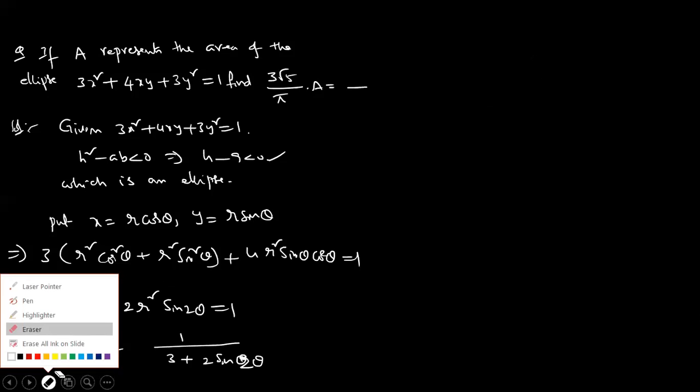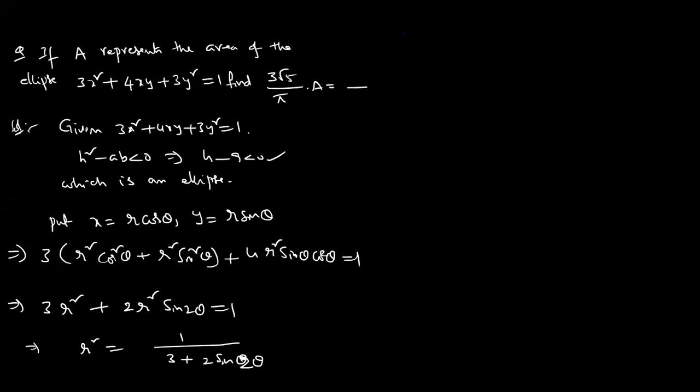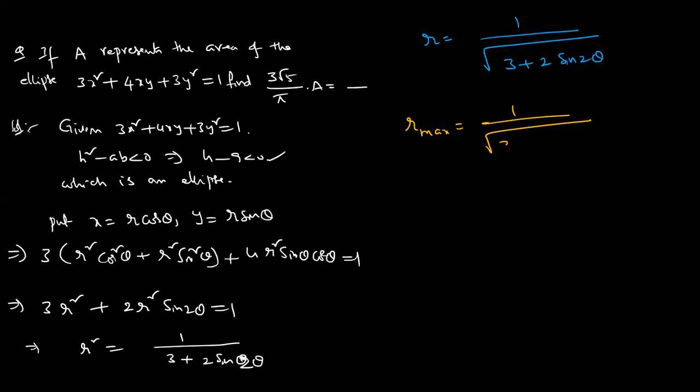Now what is the result coming, dear students? Therefore r is 1 by root over 3 plus 2 into sin 2 theta. Can you guess, anyone? Completed. So I need the maximum value. What do you mean, dear students? Maximum means the denominator must be minimum.